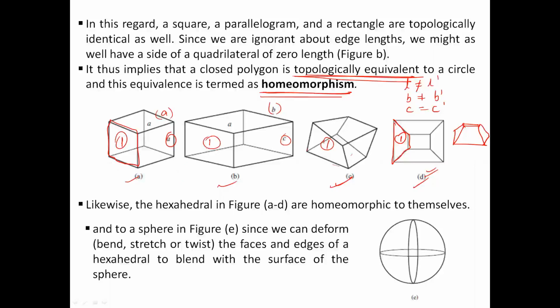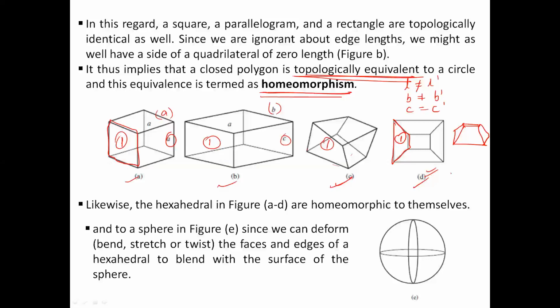Topologically, it is the same, but geometrically it is completely different. But topologically, it is the same. Why? Because in figure D also, face 1 is a four-sided polygon, whereas in figure A also, it is a four-sided polygon. But the difference of dimensions is also clearly evident.